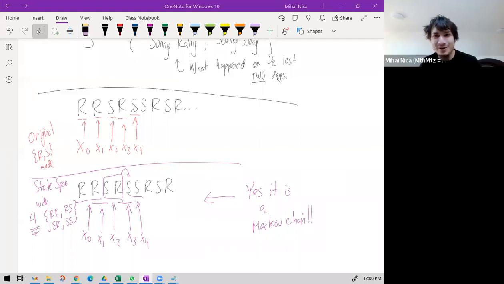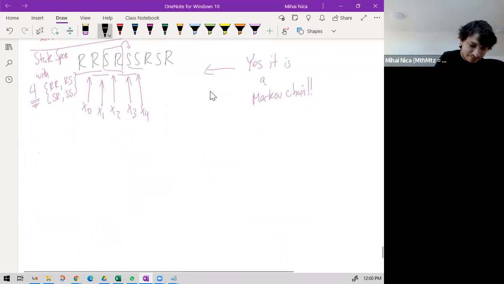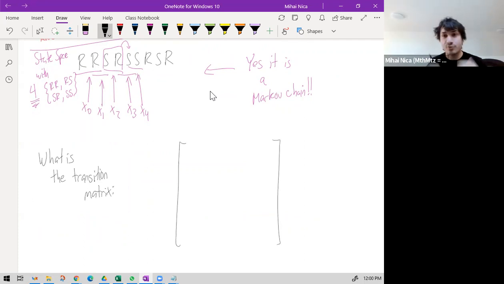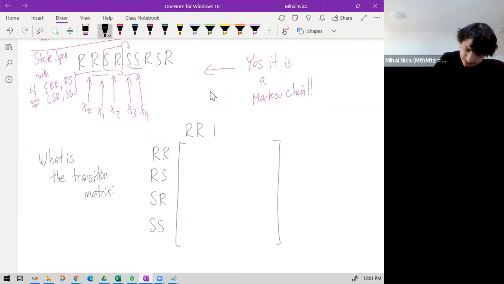Okay, again, feel free to put up your hand anytime, and I'll stop at a convenient time, or you can write in the chat if you have any questions. But let's do this. What is the transition matrix for this guy? It's going to be a 4x4 matrix, because there are 4 states. If you label the rows and columns, you can label them with the names of the 4 states: RR, RS, SR, and SS.